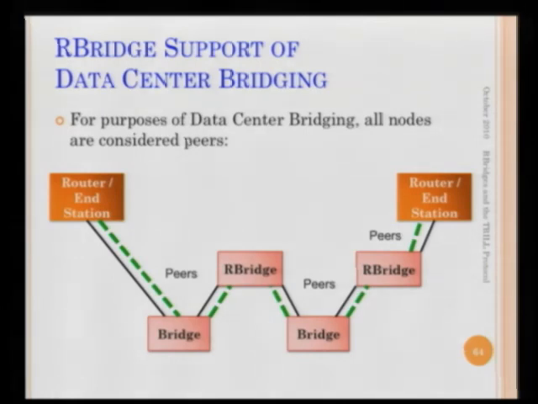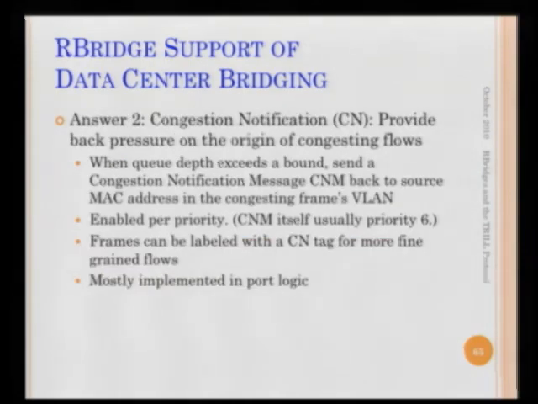It can apply back pressure if that's a priority in which you've enabled per priority pause. It can send a pause in that priority to the previous box, and so on back through your hop-by-hop physical chain. So the second answer data center bridging came up with is congestion notification.